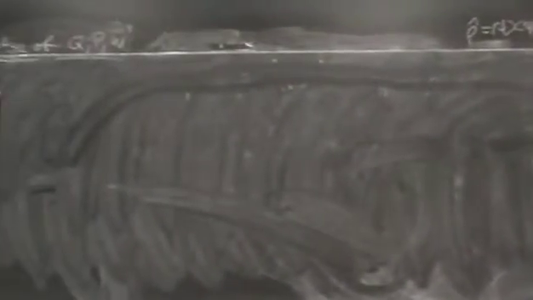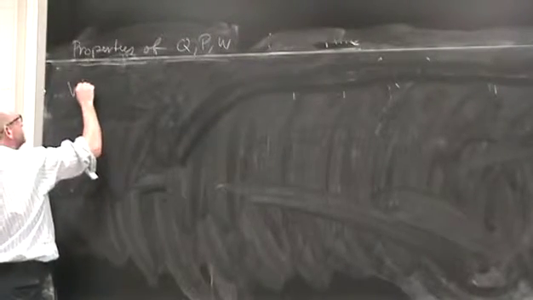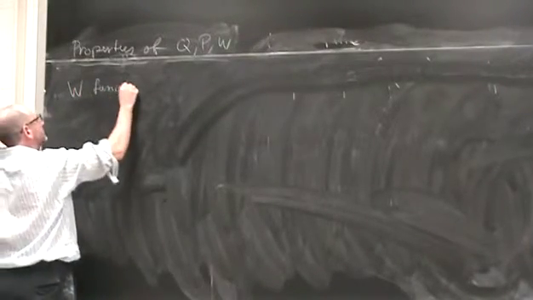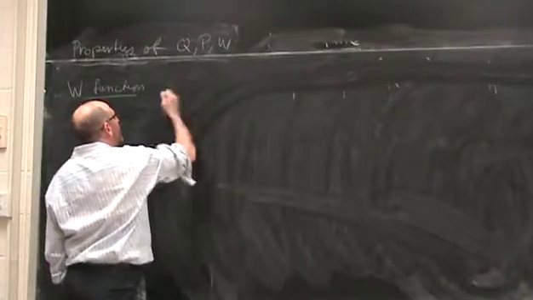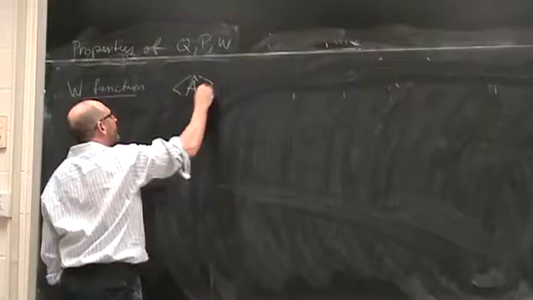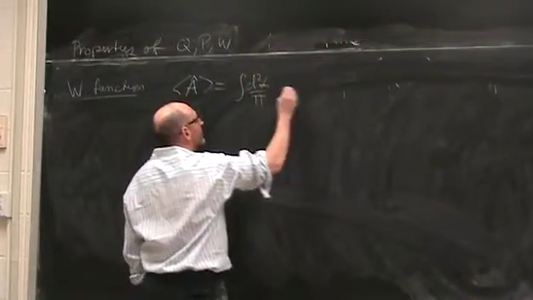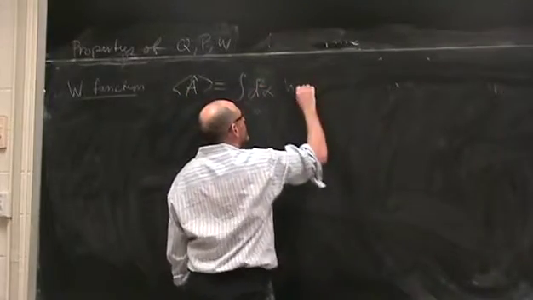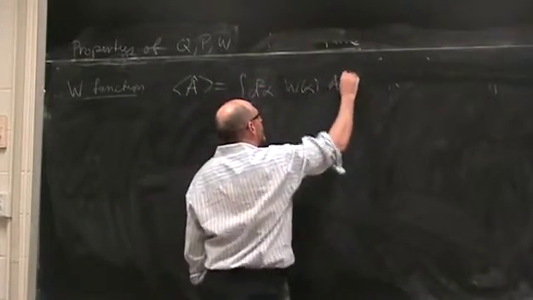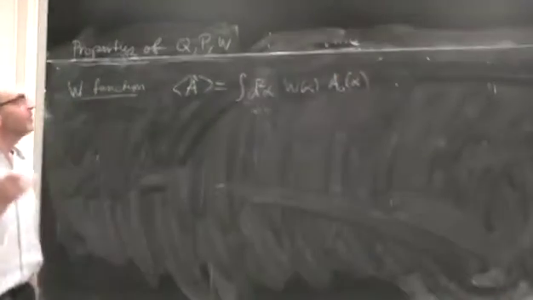So if I look at the expectation value for the Wigner function, the expected value of the observable is equal to the integral over the Wigner function of the symmetric representation. And everything's well behaved now.